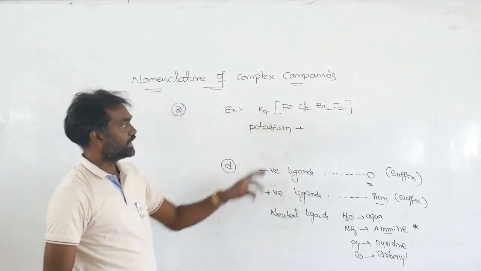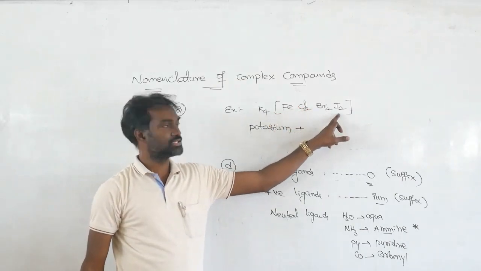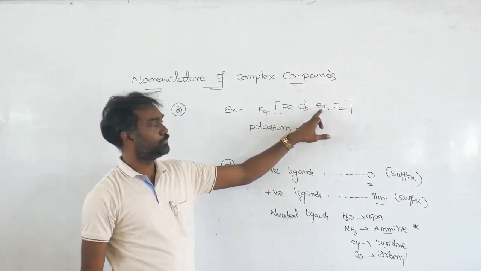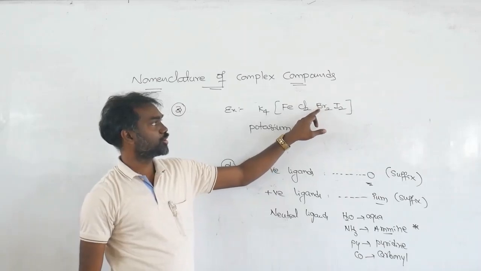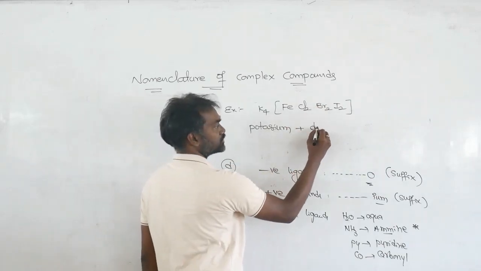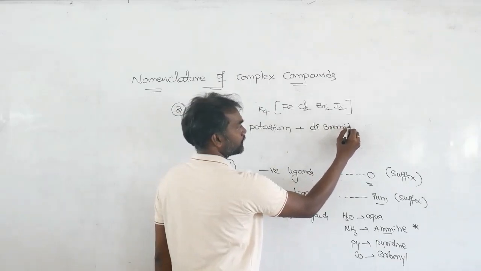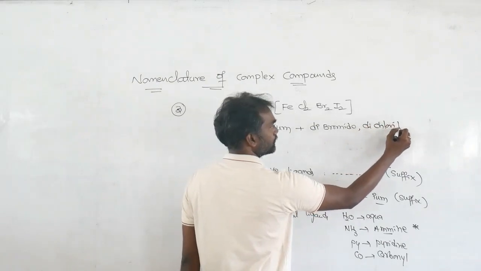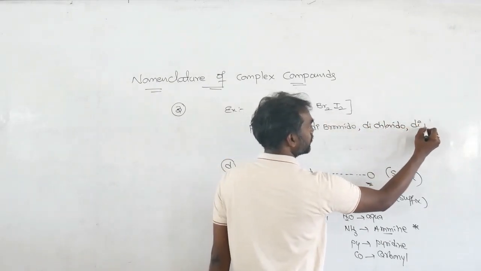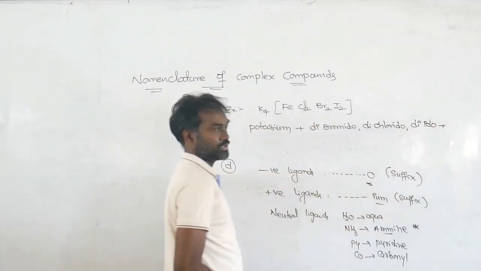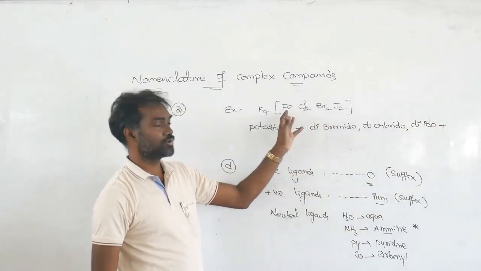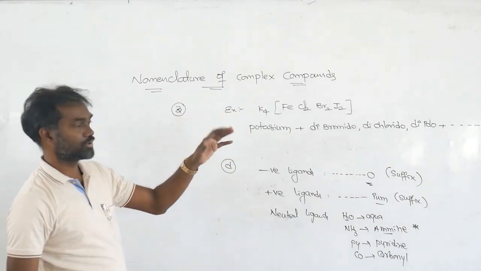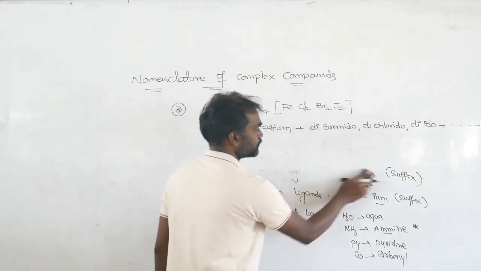Next we go inside to the negative charges. The negative charges are different: chloro starts with C, bromo with B, and iodo with I. First bromine comes, and two bromines are there, so dibromido, comma, next dichlorido, comma, diiodido. Now the ligands are completed. Now we go to the metal. In the next class we will discuss the metal points. Next, one more example we will see.